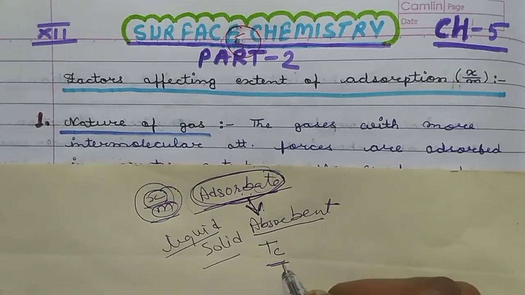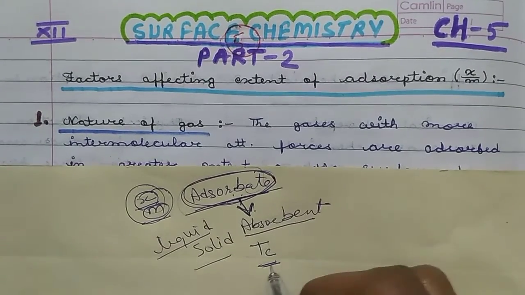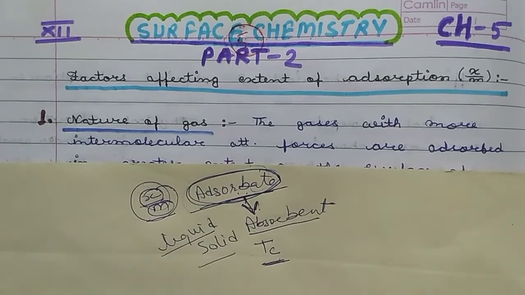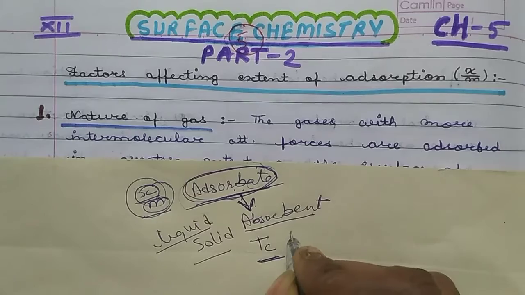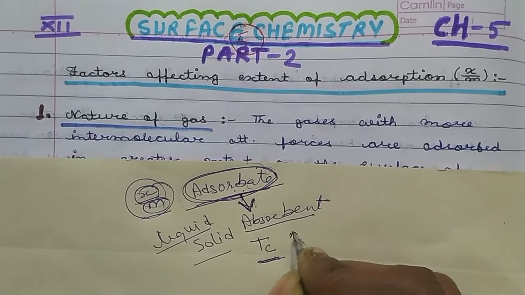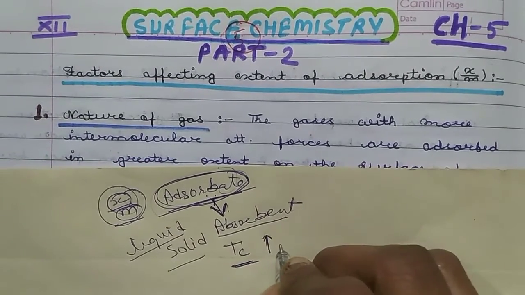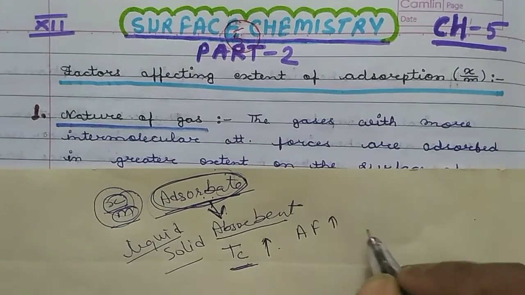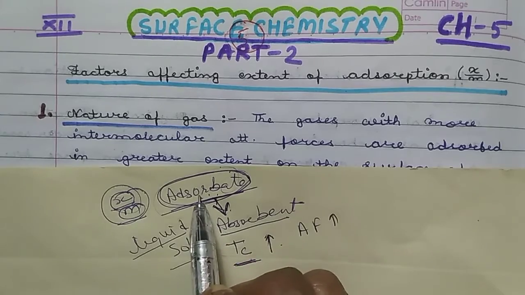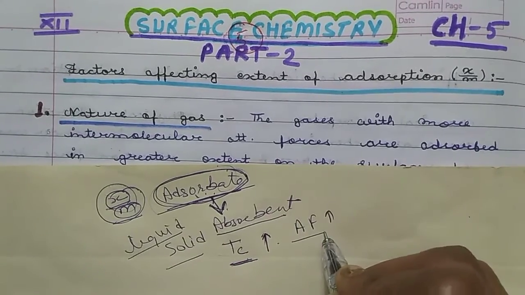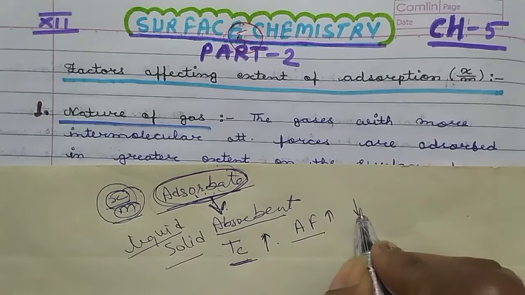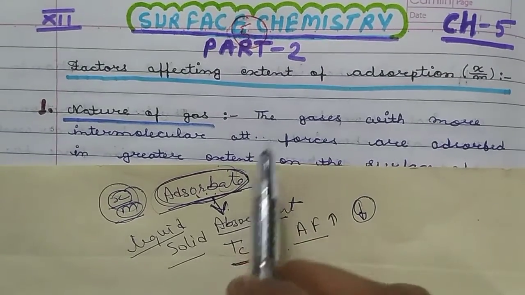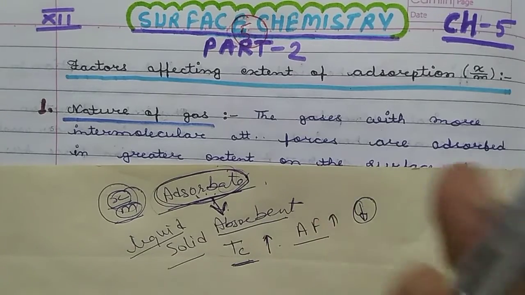But we can identify the extent of attraction forces in gases with the help of Tc, the critical temperature. What is critical temperature and how does it affect the extent of adsorption? So see, if the critical temperature of any gas is high, then there are more and more attraction forces between the gas molecules, and more attraction forces means it can be easily liquefied, means it can be adsorbed easily at any surface.